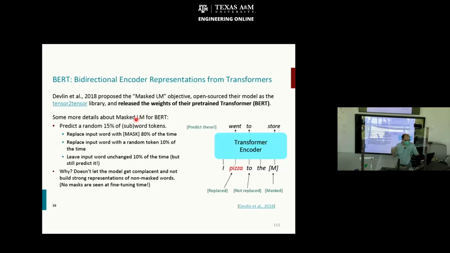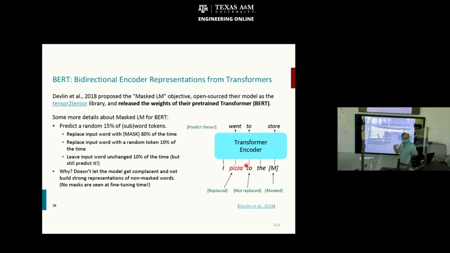They randomly choose 15% of the word tokens, but you don't just always replace those chosen words by a mask token. Why?